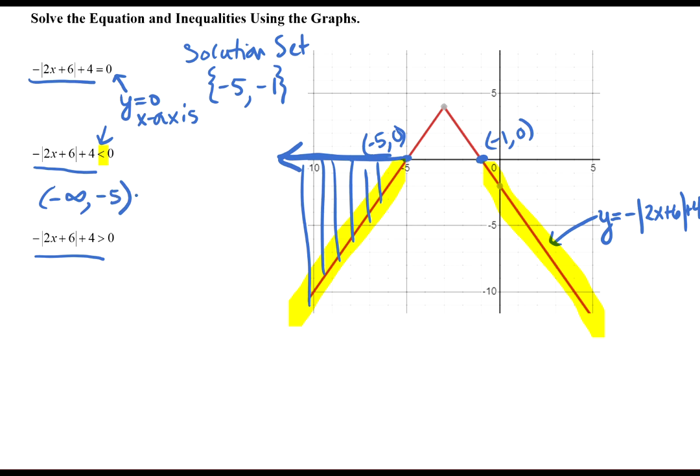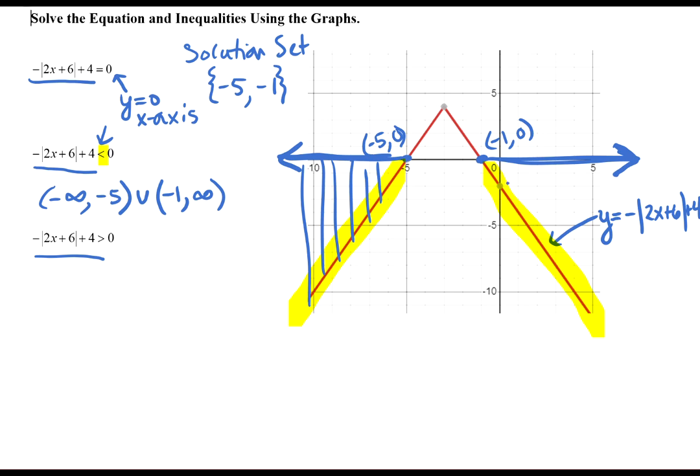So use a parenthesis. We're going to union the other side, because they are separate, we have to write them separately. The other side starts at an x value of negative 1. And be really careful here. You're going to continue out to the right. So the graph is going down, but it's going to the right. The x values are actually values to the right. When you go to the right on a grid like this, we're going out to positive infinity.